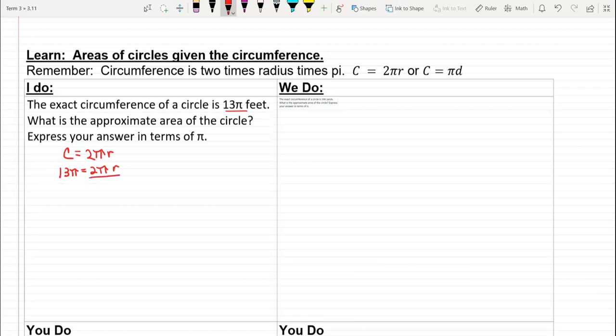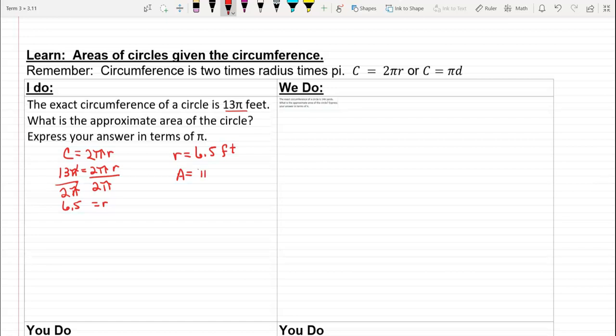To solve for radius, we'll divide by 2 and pi. So the pi's are going to cancel out, that equals 1. 13 divided by 2 is going to be 6.5. So then we'll use that radius to find the area. So here we've got a radius of 6.5 feet.